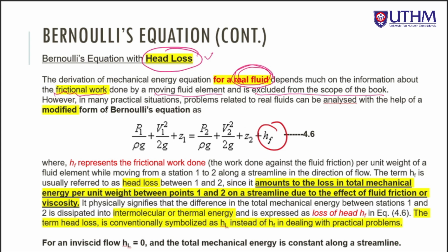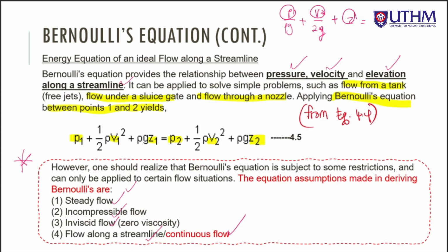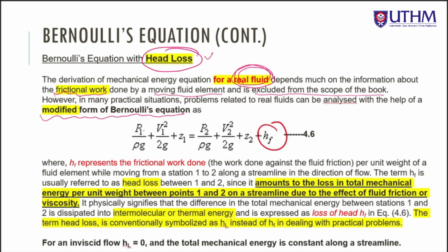Okay, however, in many practical situations, problems related to real fluids can be analysed with the help of a modified form of the Bernoulli equation. If we look here, this is when we consider the Bernoulli equation between point 1 and point 2.